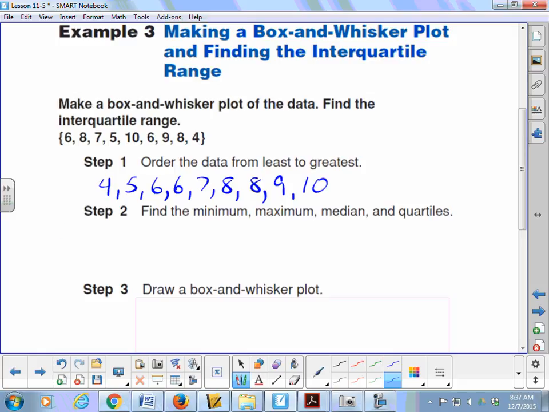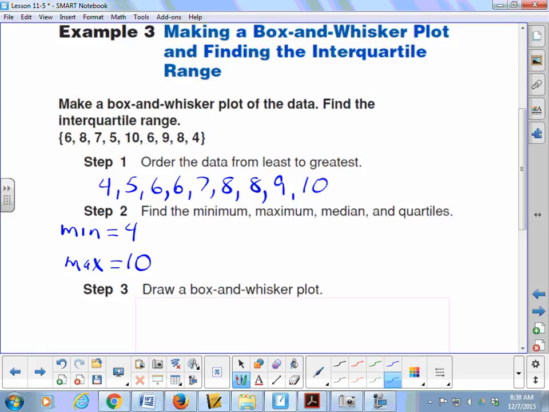So we know the min is 4 and the max is 10, because we want to find those 5 numbers.